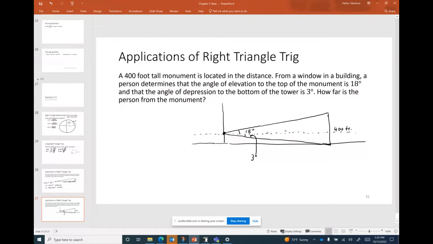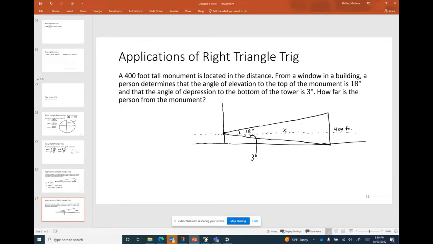Let's call that X, because it's horizontal. So the distance from the building to the monument is X. And we're also supposed to find the height of that monument or tower. So how do we go about doing that?